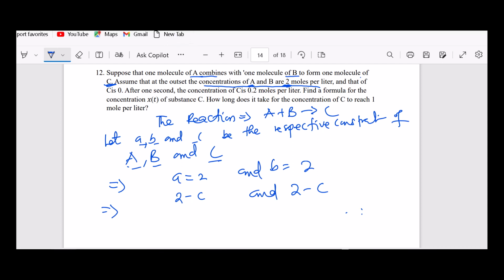So the concentration of A after t seconds will just be this, and the concentration of B after t seconds will also be this. I hope you get that.